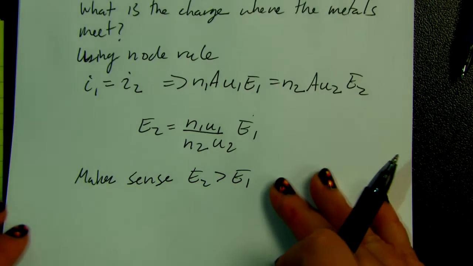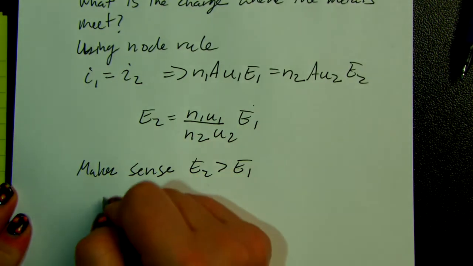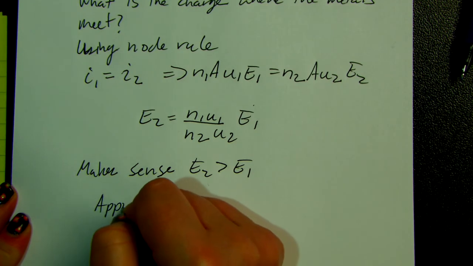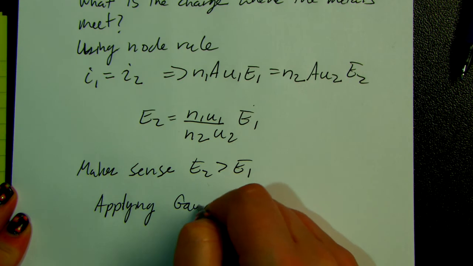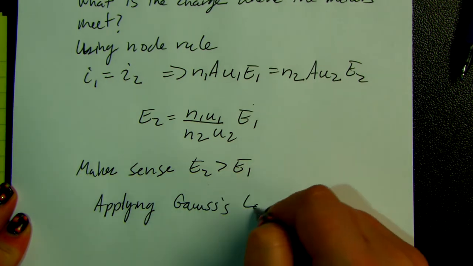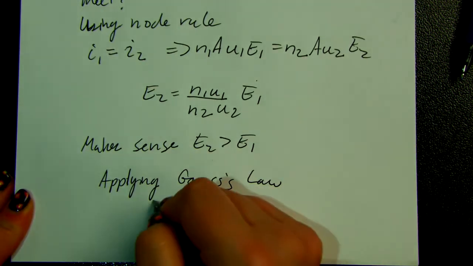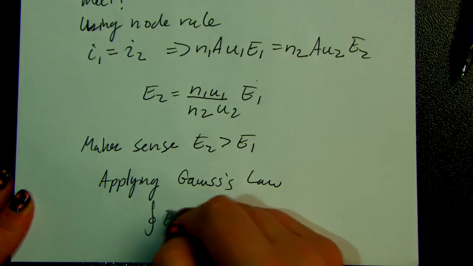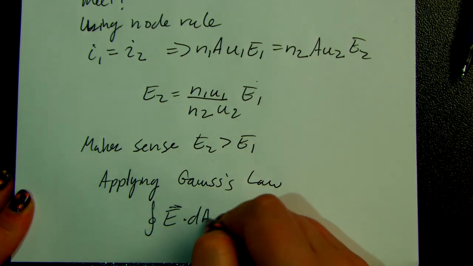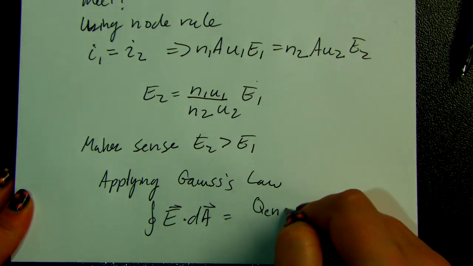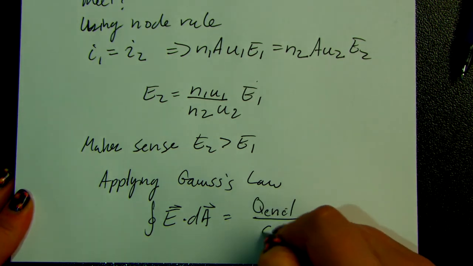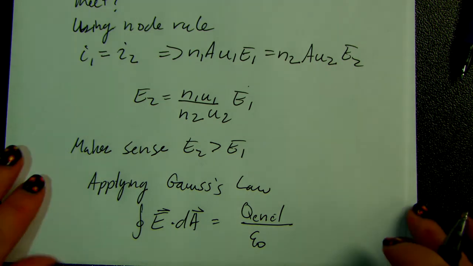So let's apply Gauss's law: the surface integral of E dot dA is equal to Q enclosed over epsilon naught.